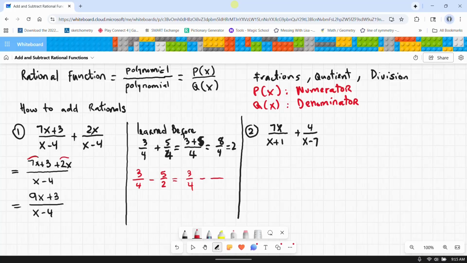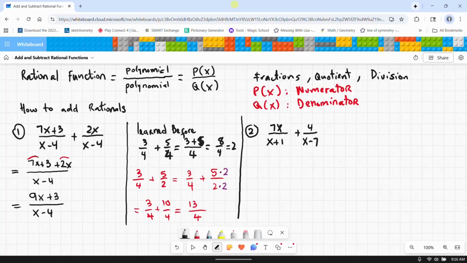So we keep the same number first, and then multiply the bottom by 2 and the top by 2. Then this equals 3 over 4 minus 10 over 4. Now the denominators are the same, so we keep one single denominator. By the way, this is adding, we're not doing subtraction yet. So that's going to be 13 over 4. Another way we can do it is to cross multiply. That's what we learned before.